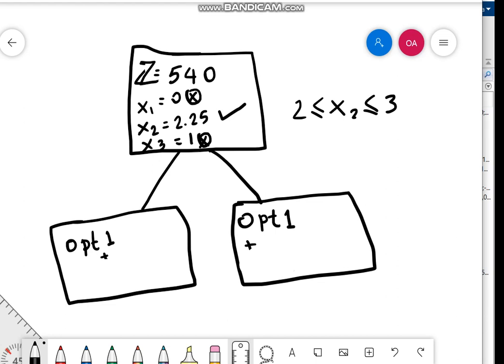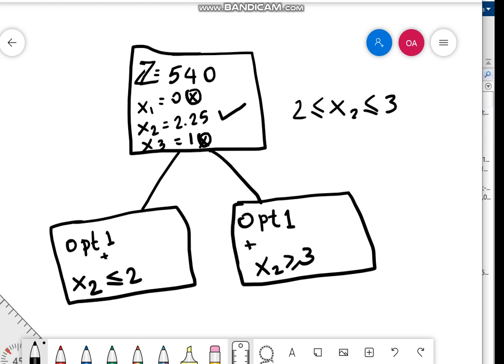So we need to reformulate our problem by adding a new constraint which makes x2 not lie within these two values. The first one, we will search when x2 is less than or equal to 2, and the other one when x2 is greater than or equal to 3.